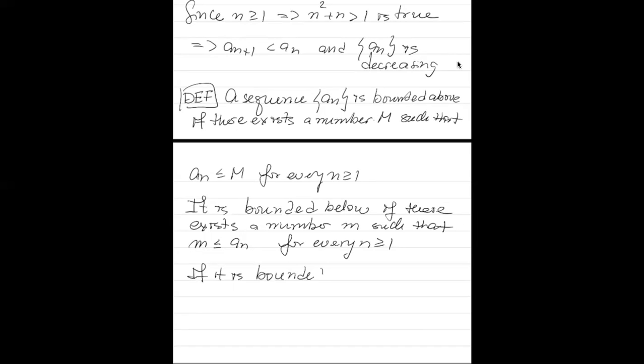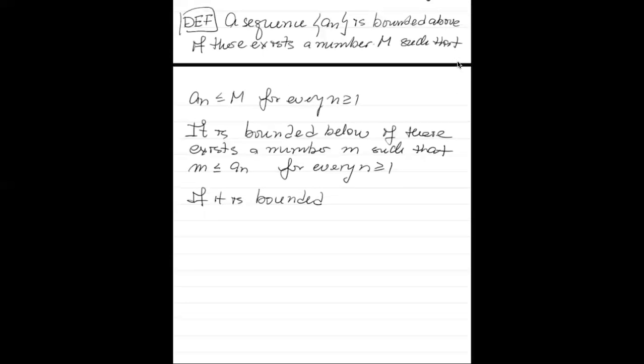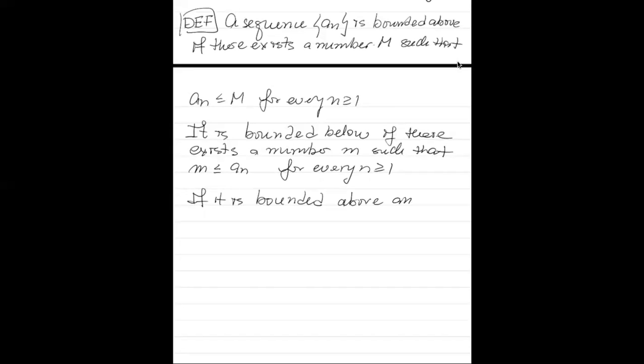If the sequence is bounded above and below, that means you have a big M and you have a little m, then the sequence is called bounded. Then this is a bounded sequence.